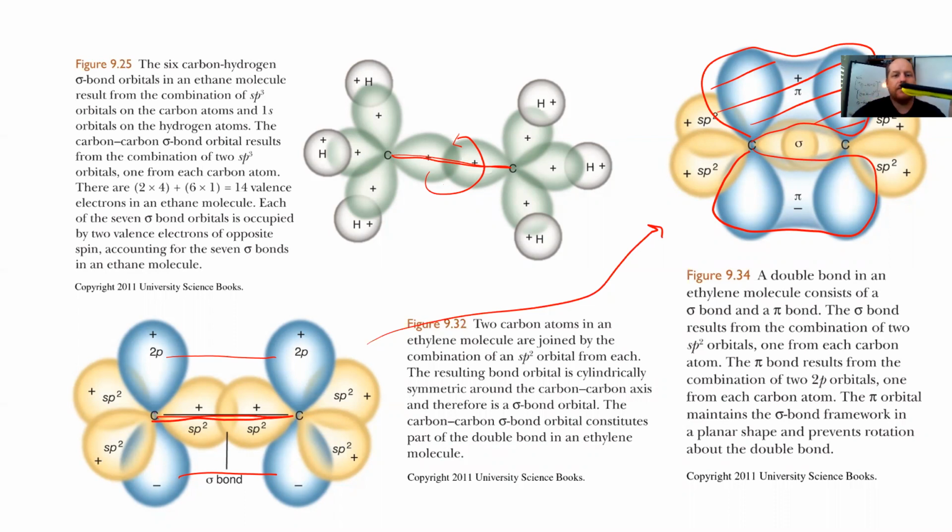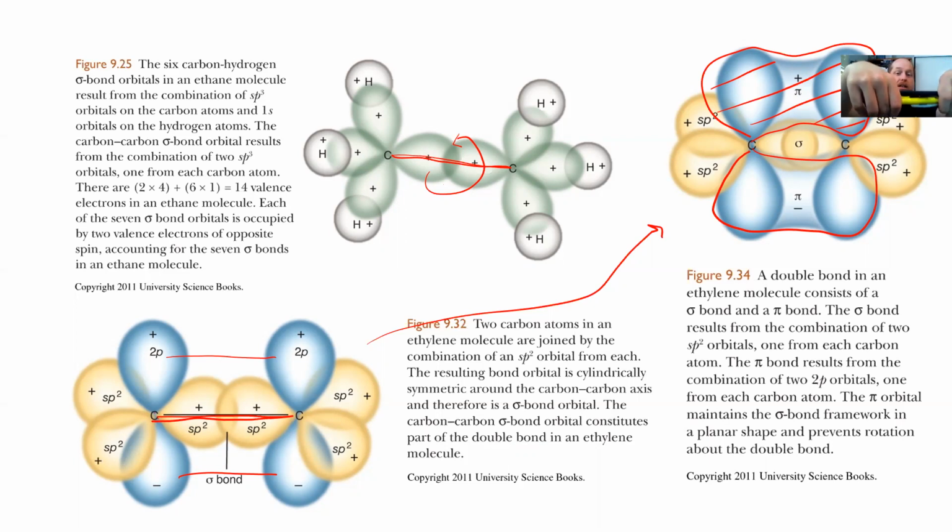If you just have the sigma bond and only a sigma bond, this can rotate, sort of like the pen cap. But when you have the pi bond, where you have orbital overlap above and below that bonding axis defined by the sigma bond, then in order for those to stay intact, this molecule can no longer rotate around that bonding axis.